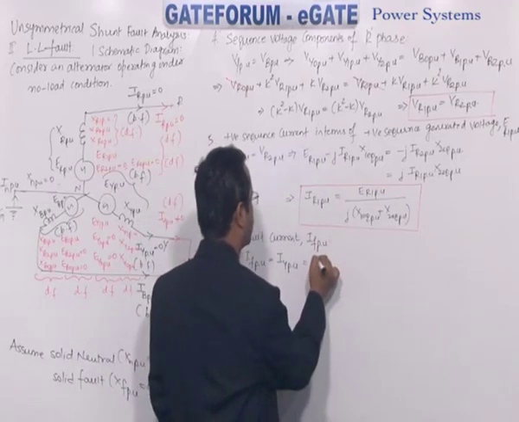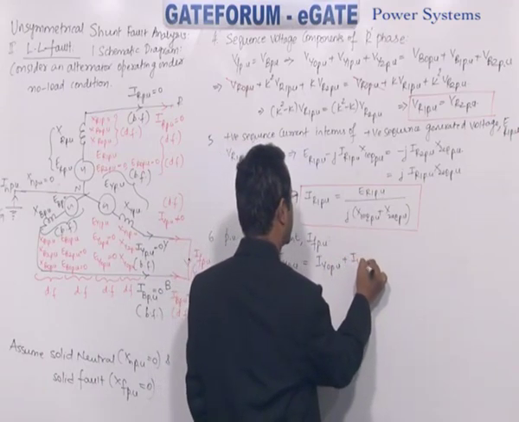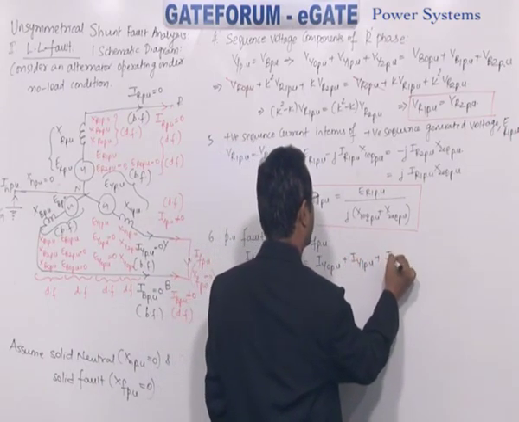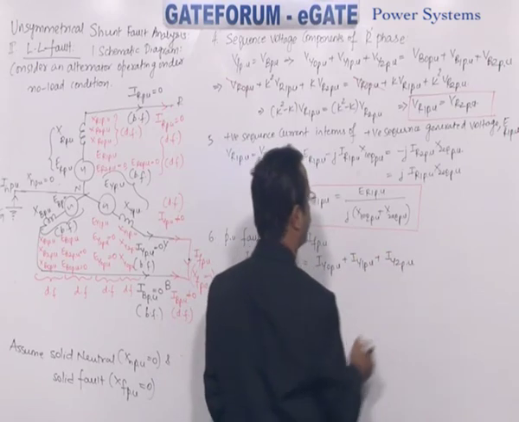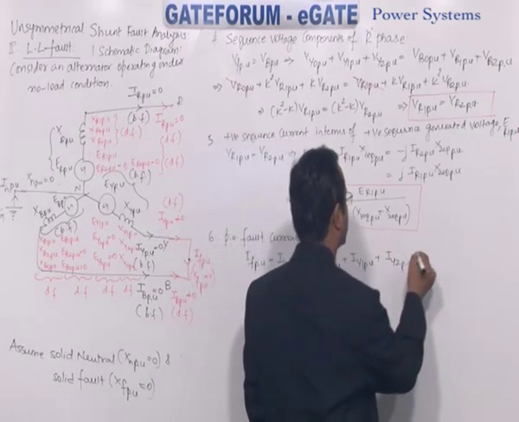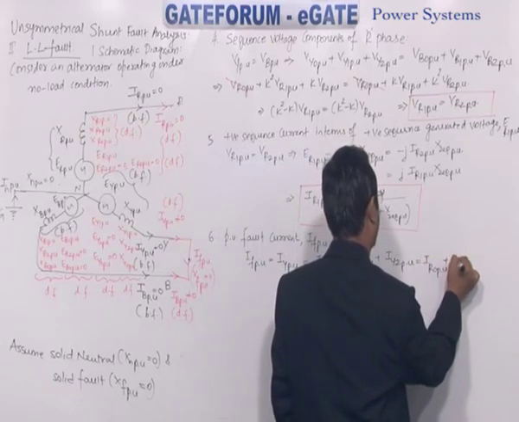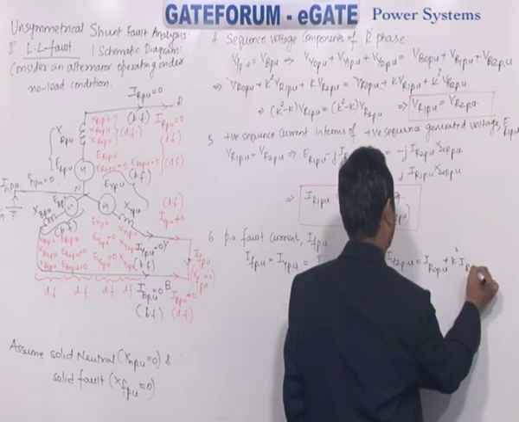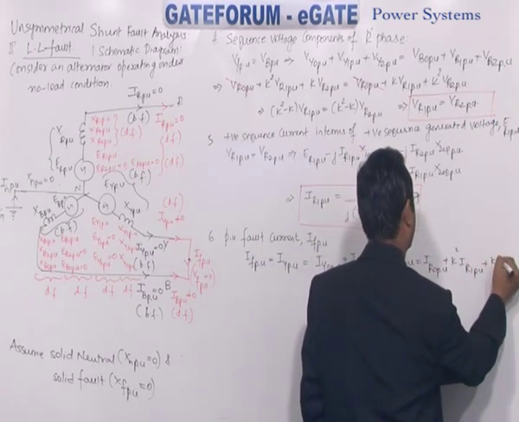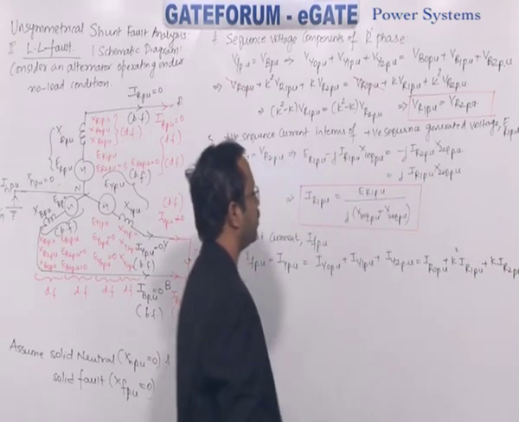Fault means system becomes unbalanced. How to represent an unbalanced system? Using symmetrical components. Further you write in terms of R phase. So IR0, here K square IR1, and here K IR2.